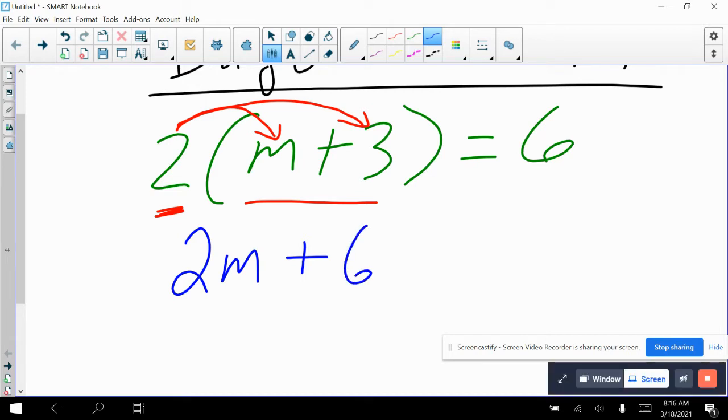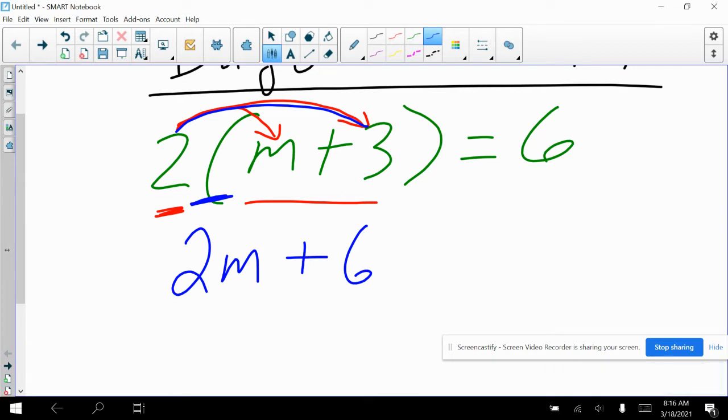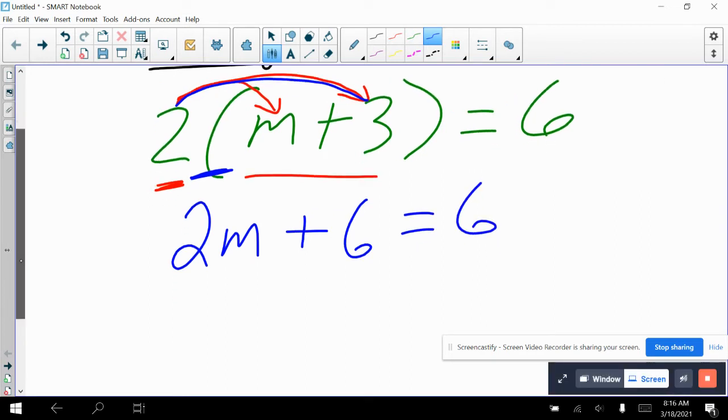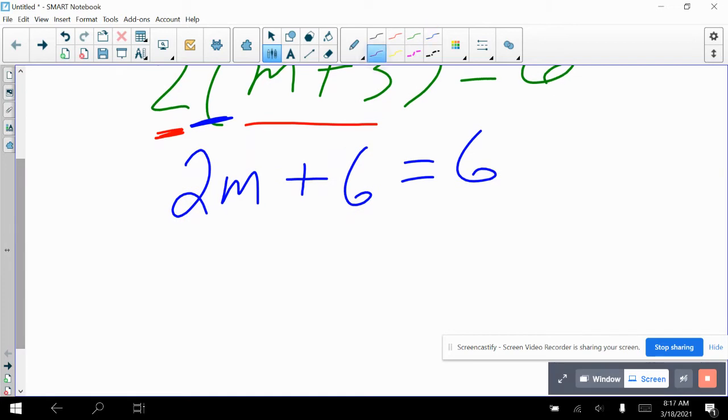Six. It's multiplication. Why? Because you have a number next to a set of parentheses. Okay, now we have it in some form of equation form that you should recognize. Right? So again, we're doing something before we even get into solving a two-step equation.